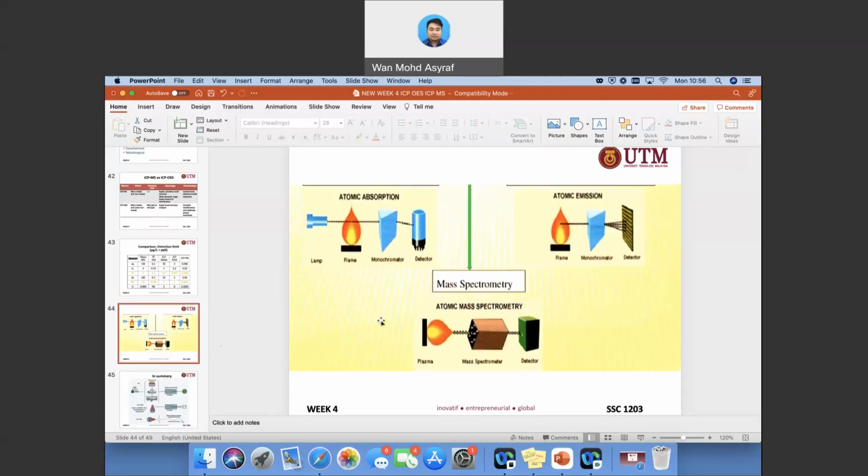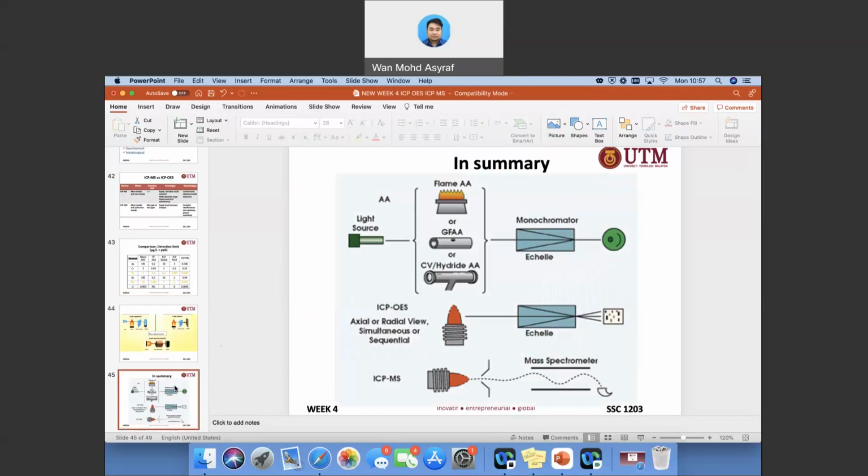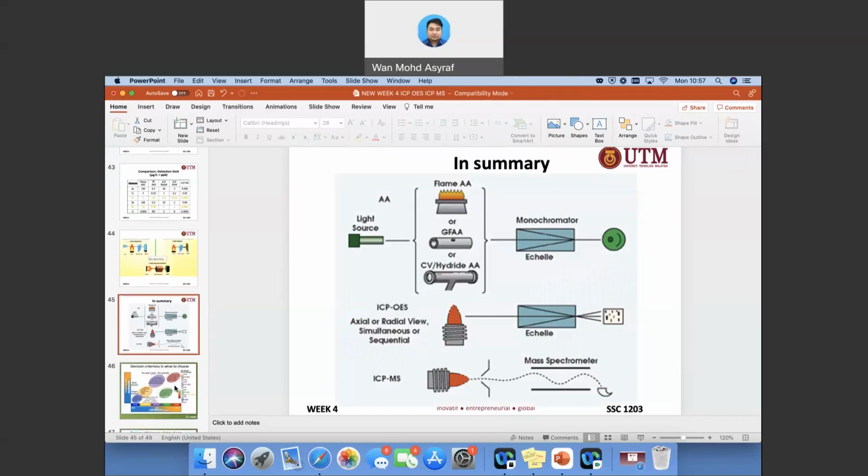So this is the recap of whatever we have learned before for atomic absorption, atomic emission, and atomic mass spectrometry. This is also the summary of atomic absorption and atomic emission.